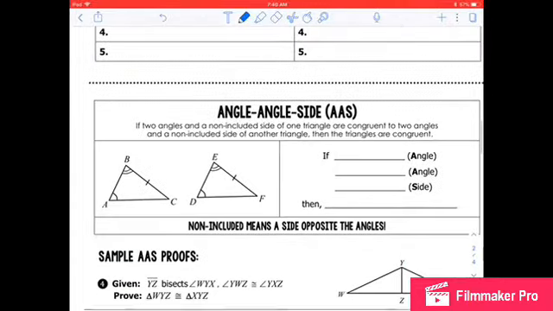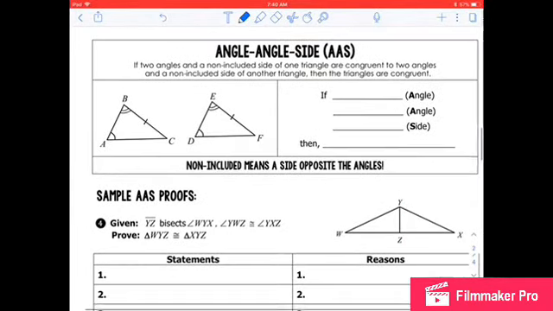So the next one, angle, angle, side. It just means the order is different. So we've got angle, angle, and then side, or side, angle, angle.